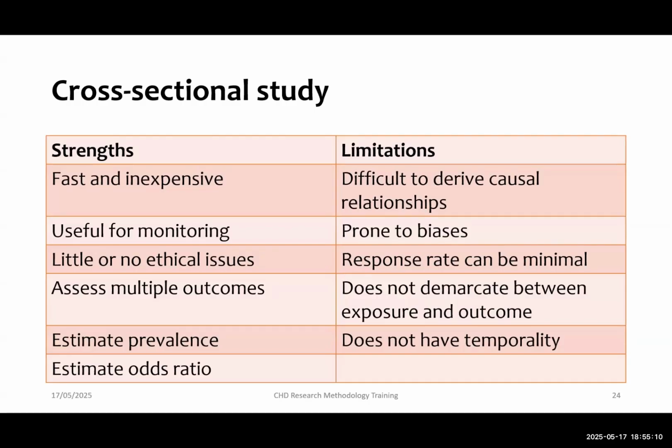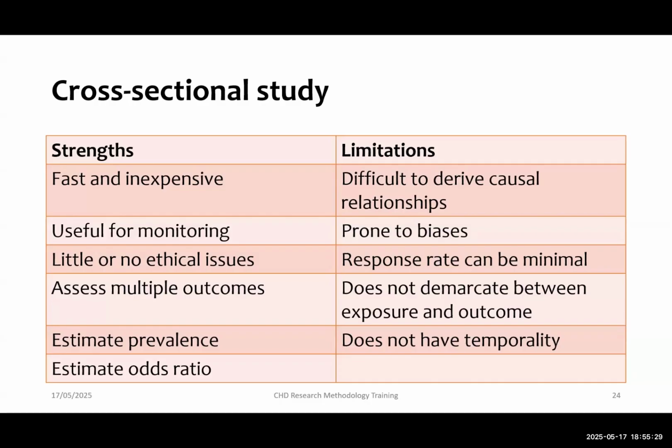So because the cross-sectional study is easy, you're collecting information on both the exposure and outcome measure at the same time. You can collect multiple outcomes. In a cross-sectional study, you can do the prevalence of diabetes, hypertension, coronary heart disease, and all sorts.